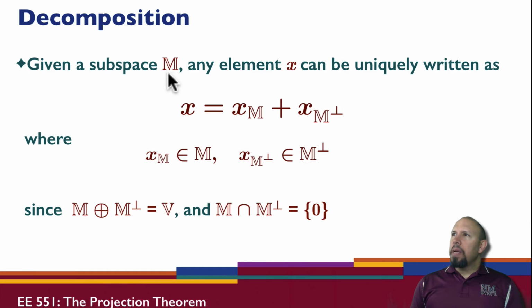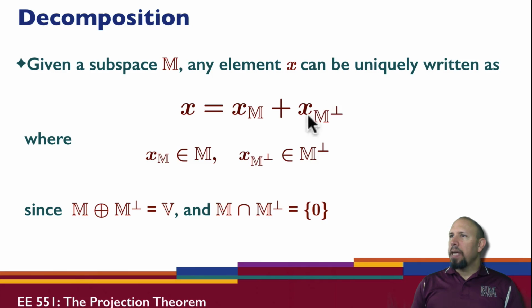All right, given a subspace M, any element x can be decomposed into the sum of two vectors, x equals xM plus xM perp, where xM is in M and xM perp is in M perp.